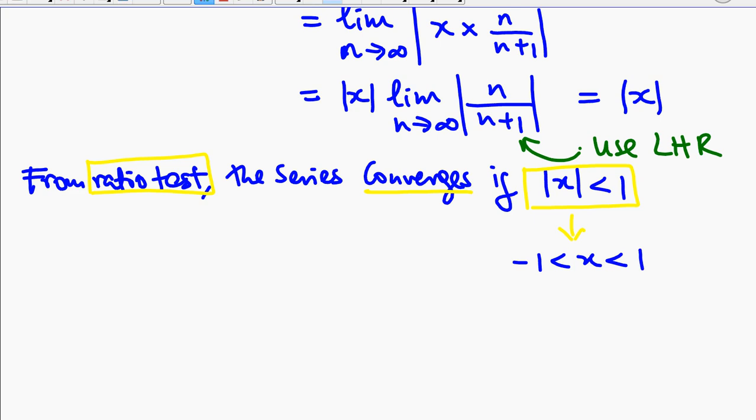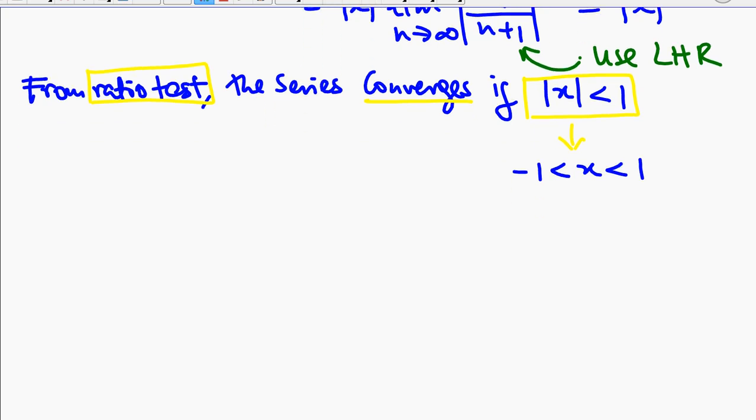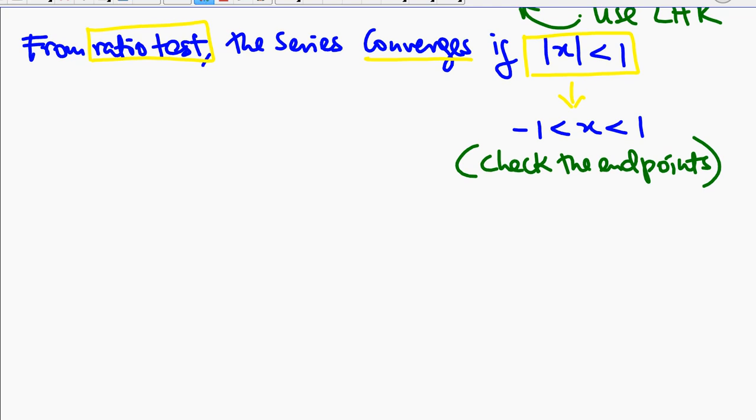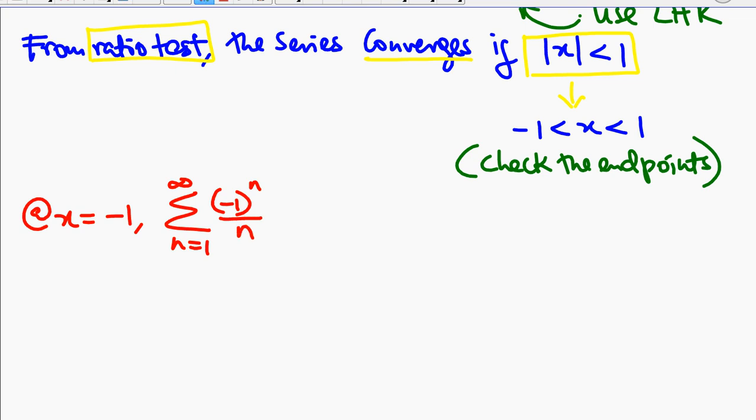Okay, and we have to check the endpoints. Because sometimes they may or may not converge. We've discussed this previously. So at x equals negative 1, our series will be given by that.